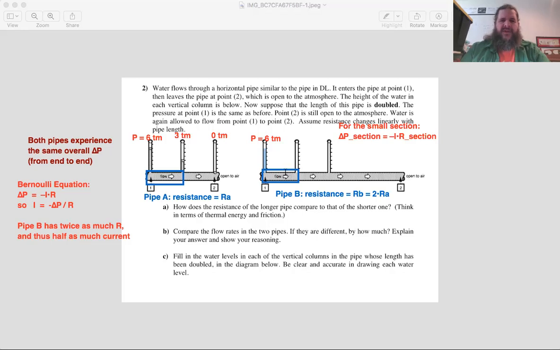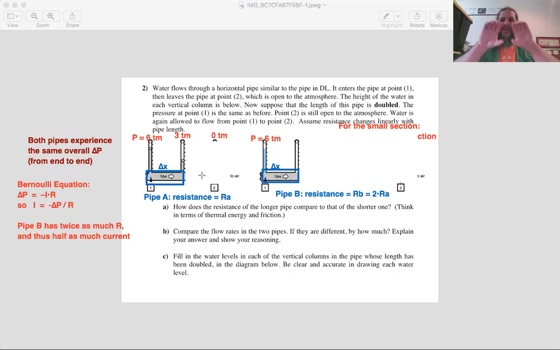If we mark off the same length on both pipes, and ignoring everything else, if we just ignore the rest of the pipe and focus on just this section, these two sections of pipe are identical. They're the same cross-sectional area because it's the same kind of pipe, same material, same viscosity of fluid, and same length.